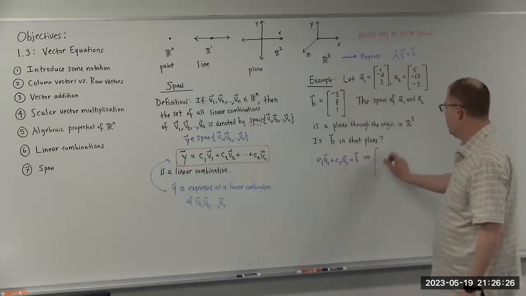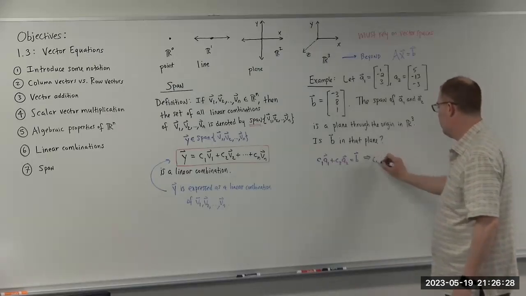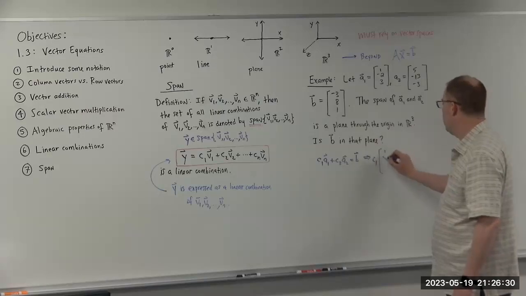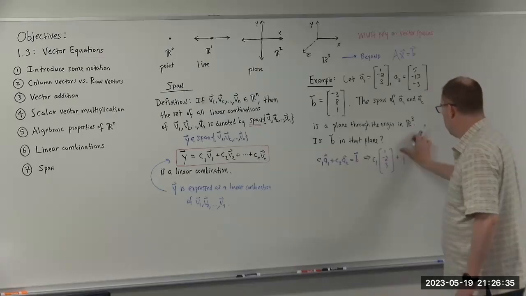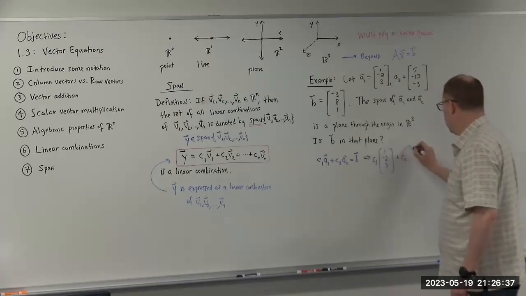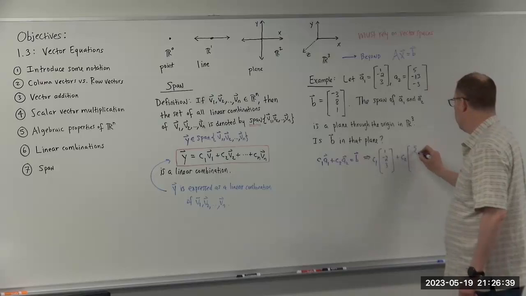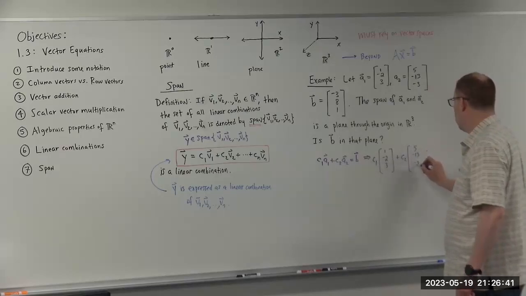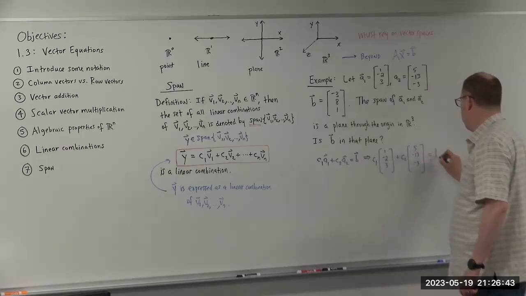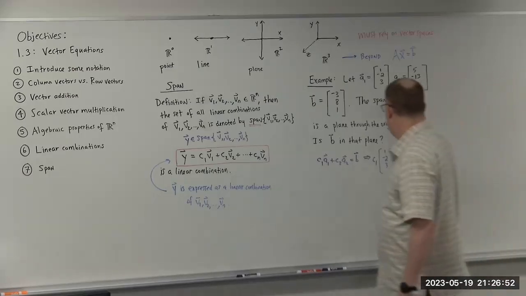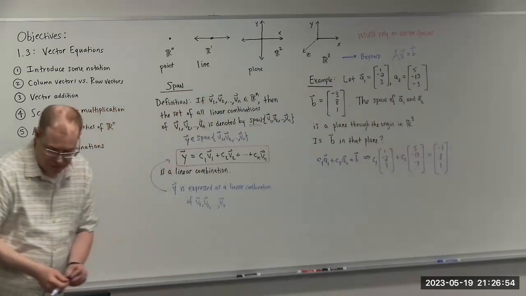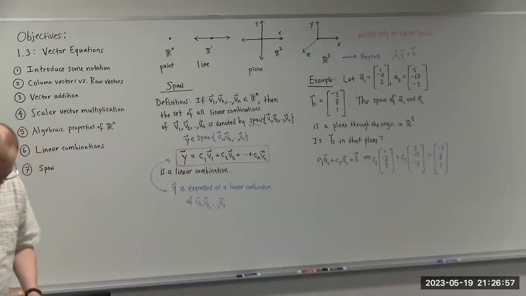So we have C1 times A1 plus C2 times A2 equals the vector B. There's our system, not surprising.